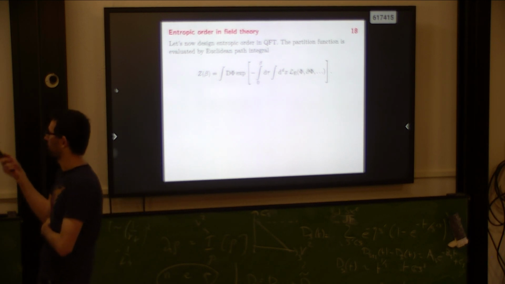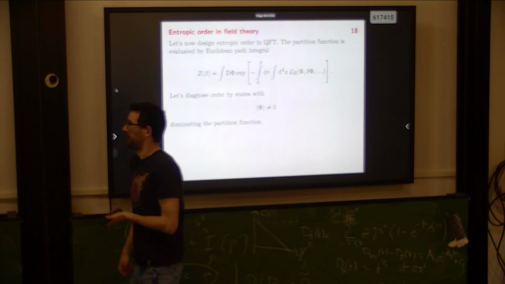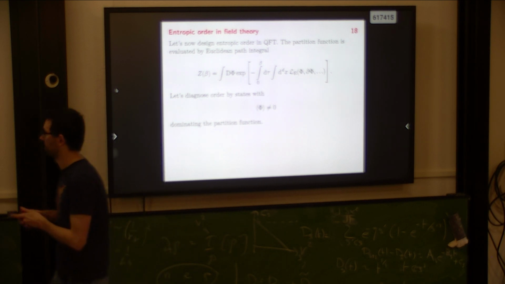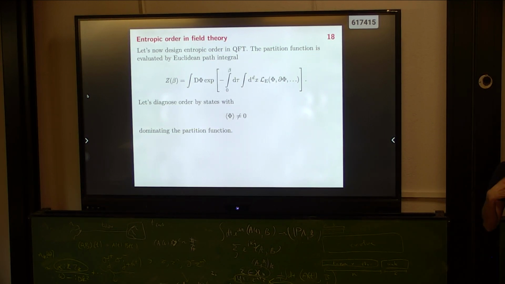The partition function is evaluated by a Euclidean path integral, and we'll assume in this discussion that one of the fields in this path integral is an order parameter which takes on a non-zero vev, so to speak, in an ordered phase. I don't necessarily like that terminology because we're not in the vacuum, we're at finite temperature, but anyway.